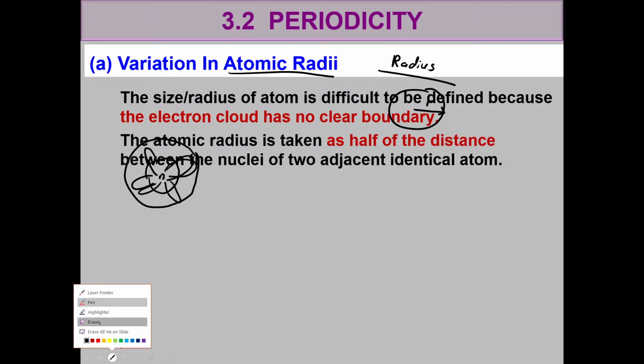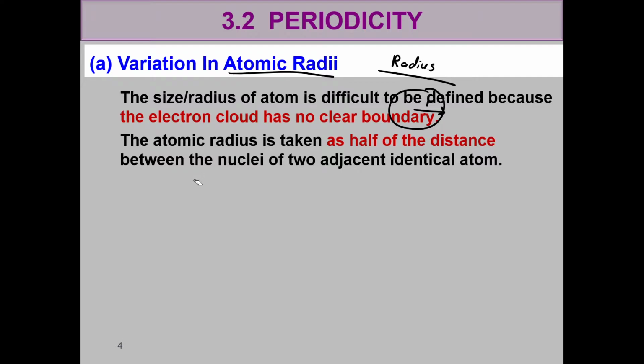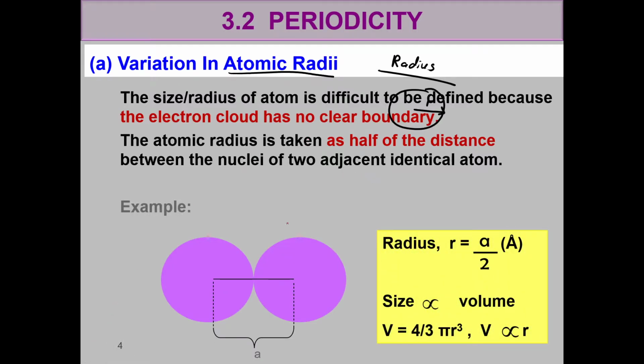So how do we figure out the radius? It is taken as half of the distance between the two nuclei of identical atoms. So the way is we take two atoms. For example, chlorine likes to bind with its own chlorine to produce chlorine gas.